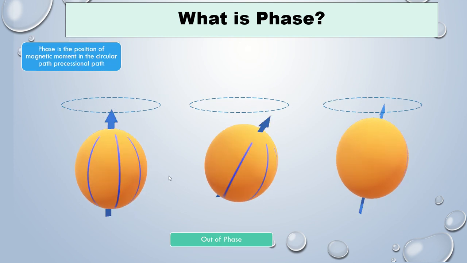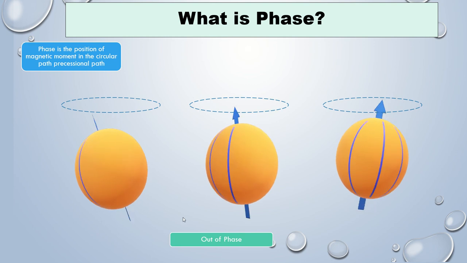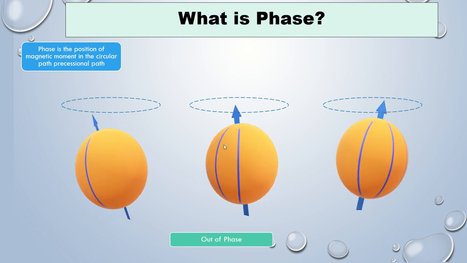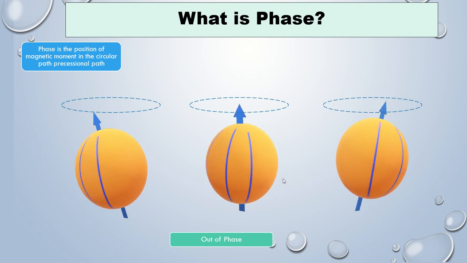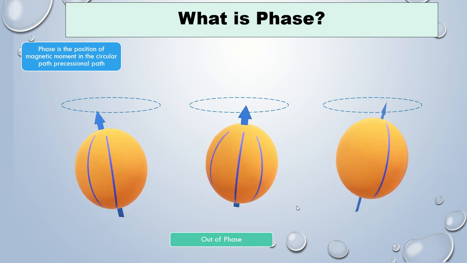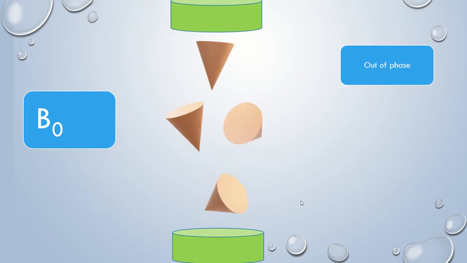However, if something happens, especially when you introduce a magnetic field, some of the spins are going to go out of phase. That means they are not precessing together. That is known as out of phase. It's a very important concept, so try to remember this.